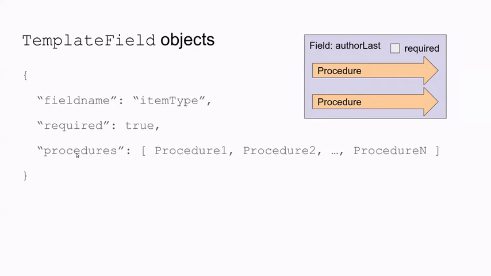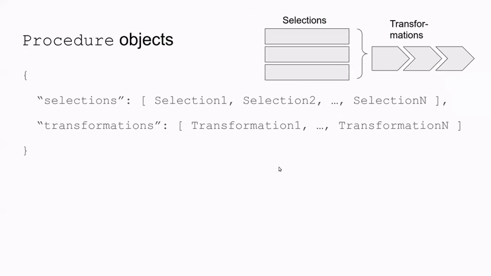And the field has a series of procedures. Remember from our previous slides, this was the figure that we used for that. So the procedures property is an array of procedure objects. Procedure 1, 2, n. If we can have 1, we can have more. This is how a procedure looks like, a procedure object. The procedure object has 2 properties: selections and transformations.